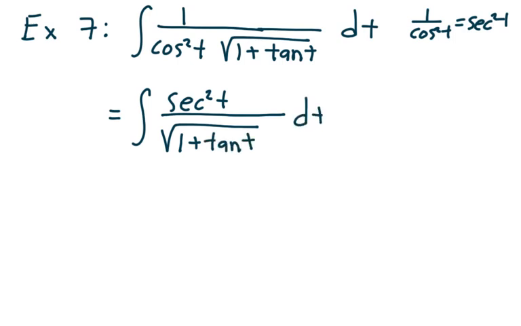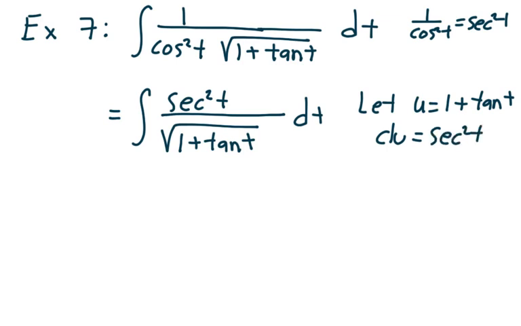And then I go, oh, okay, I know the derivative of tangent, so I'm going to let u be 1 plus tangent t. Then du is secant squared t dt. Now I have an expression for everything in terms of u. Now this is 1 over the square root of u du, which is nice.